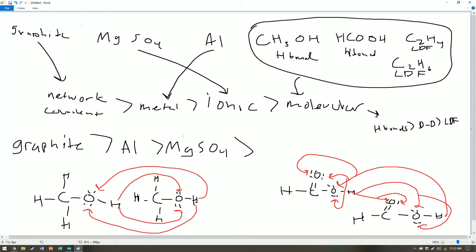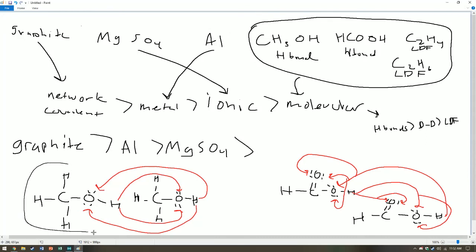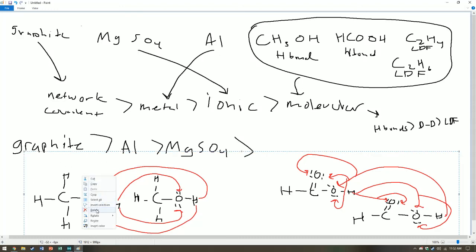And because 4 is greater than 2, this one will pack more. And since there's more packing involved, the acid here will have a higher boiling point than the alcohol. So therefore, since there's more packing, the alcohol has a lower boiling point. The carboxylic acid has a higher boiling point than the alcohol.